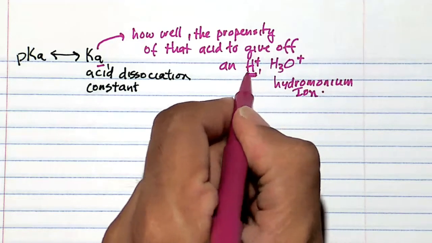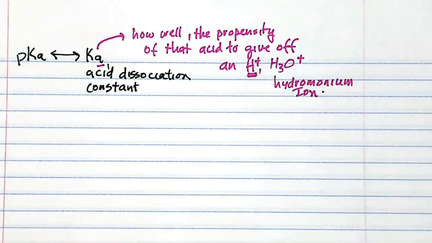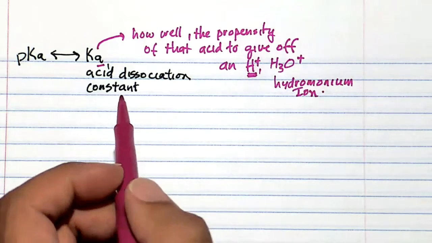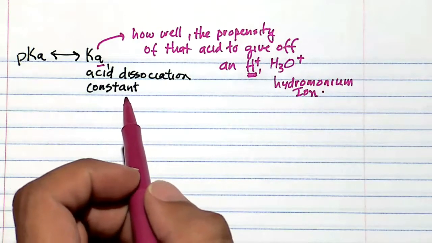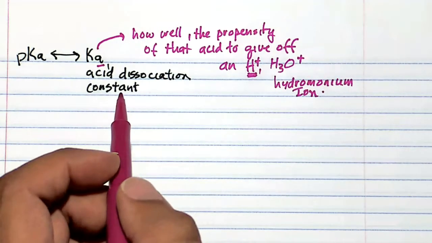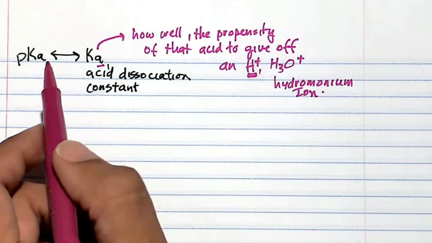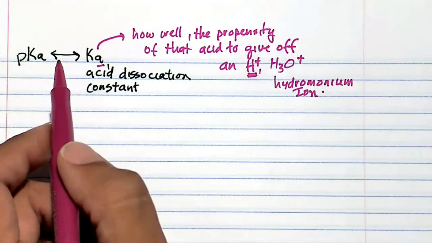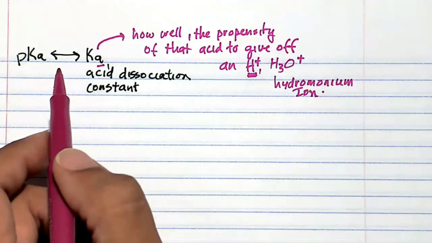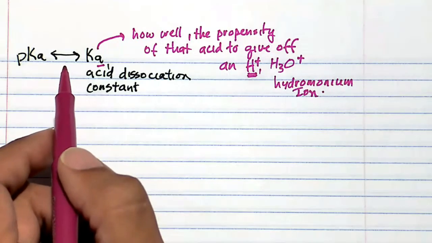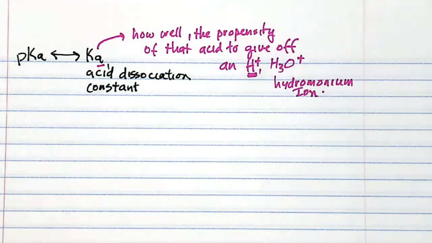And really, I'm going to just say H plus from here on out. But that is a measure of acidity. So the acid dissociation constant is a number which is constant at a specific temperature, usually 25 degrees, that tells you how good of an acid that acid really is, how well that acid can give off that proton, if that proton is dissociable.